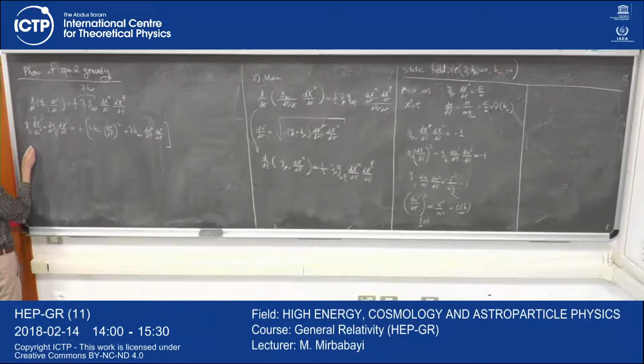So this term, d by d tau tilde of Gij, is equal to... So why does Gij depend on tau tilde?